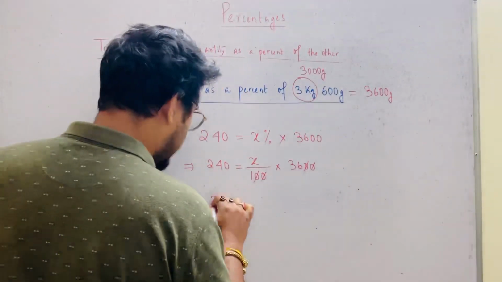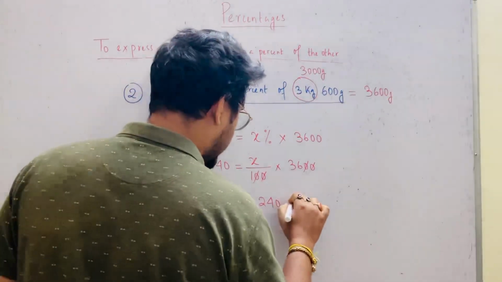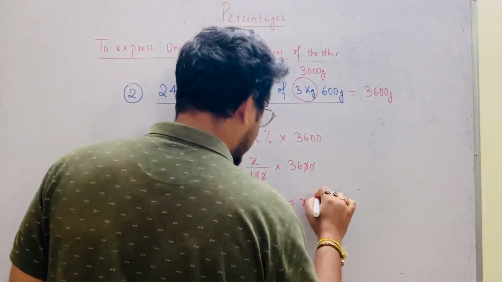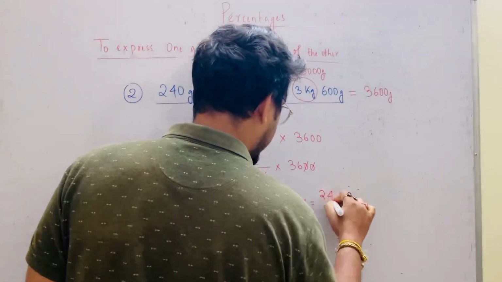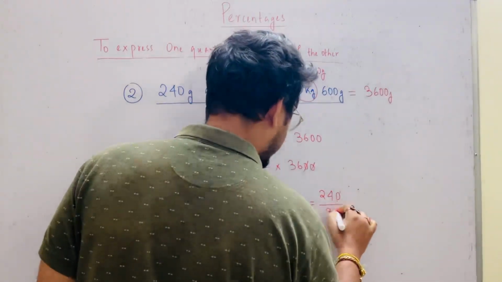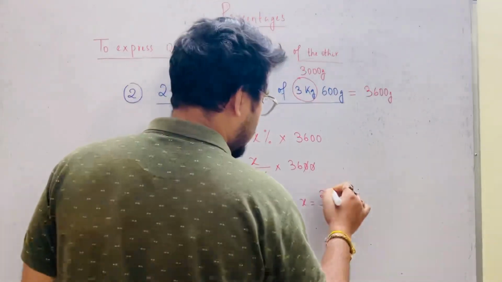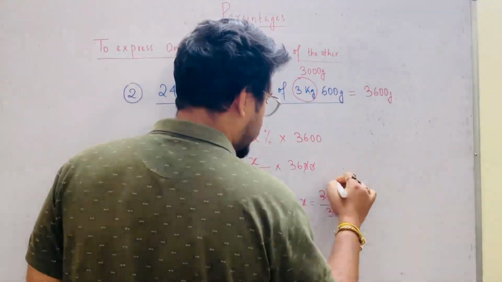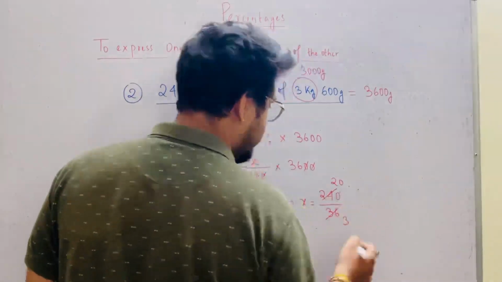So 36x is equal to 240. x is equal to 240 divided by 36. If we do the elimination by 12, 12 times 20 is 240, 12 times 3 is 36.